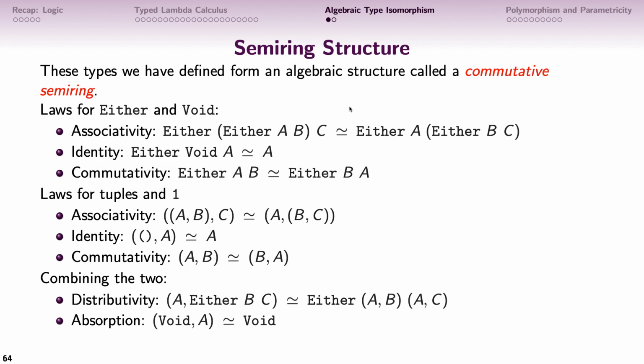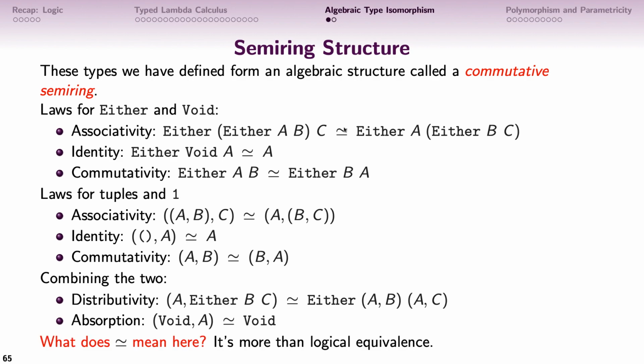So I wasn't very clear about what this equivalent symbol means, right? It isn't just logical equivalence. If we translate all of these into logic, then these are all equivalent logical statements. But another example of an equivalent logical statement is either unit, which is true or true, right?